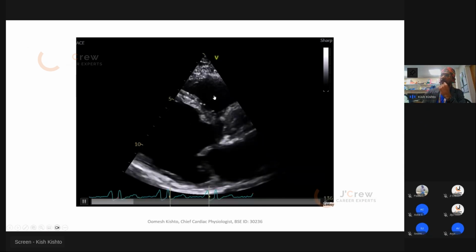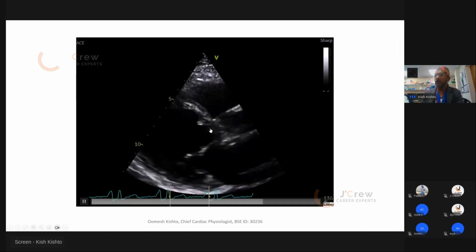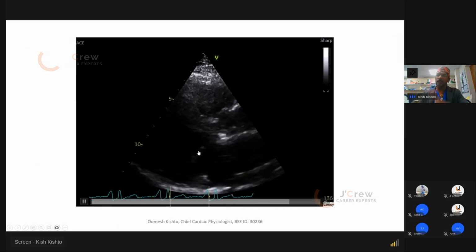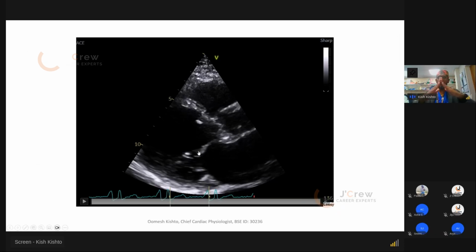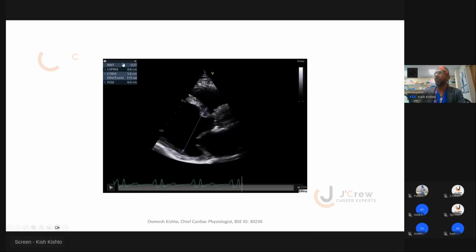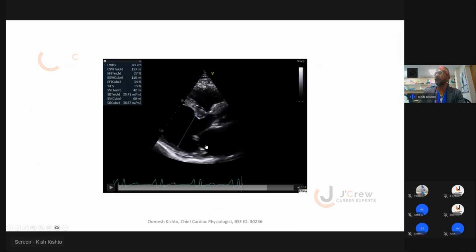You can see your RVOT there, okay? And then you can see the apparatus is almost not closing properly, just touching each other at the end of the leaflets. So LV dimension 5.6, that's basal.